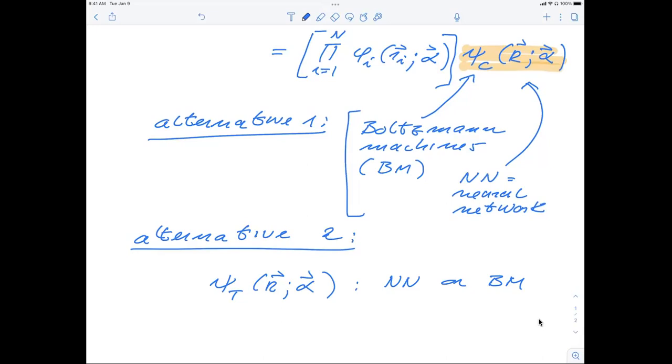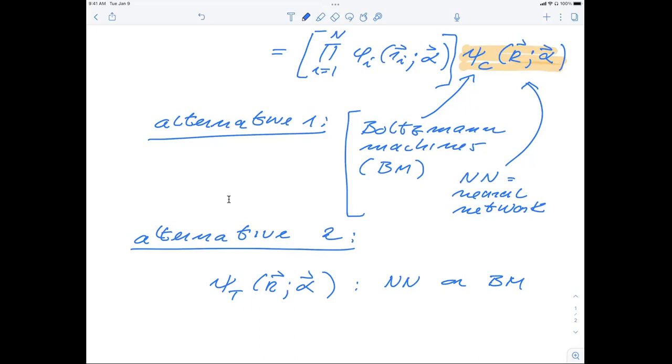So this is a basic overarching philosophy of what we are going to do in project number 2 here. And the first step we are going to look at is the implementation of a Boltzmann machine, which is a little bit easier than implementing a so-called standard neural network.